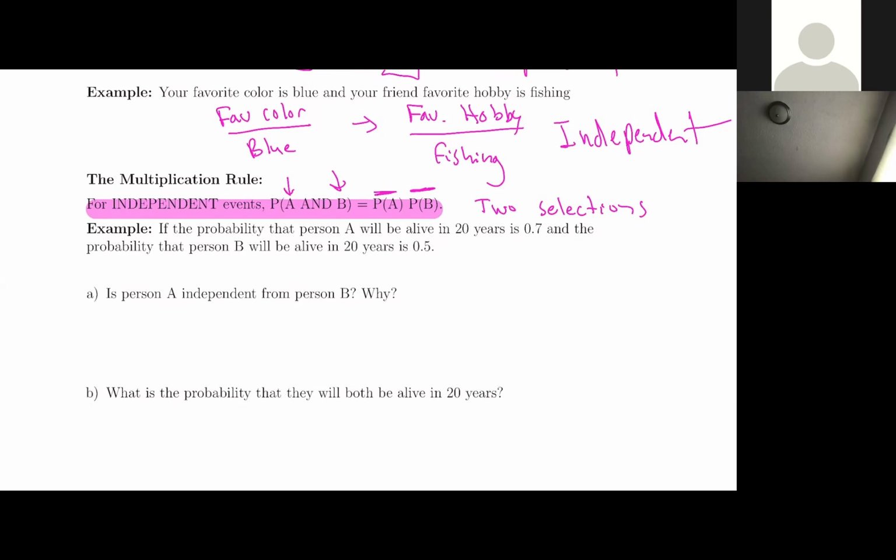No. Why not? There are two different people. There's no evidence that they have a connection. Yeah, so they're two different people, so there's no evidence they have a connection. If one person lives for 20 years, that doesn't make it more or less likely that person B will live for 20 years. So we'll say they are independent.